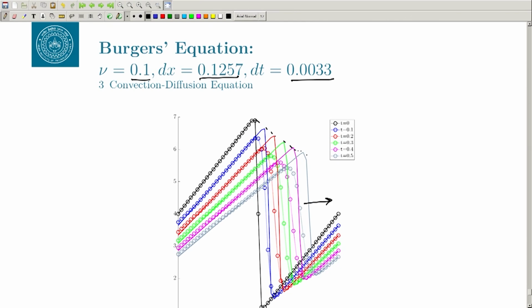But if you compare that with the numerical solution, which is shown in the circles, you can see that for the first time, t equal to 0.1, your analytical solution is the line here, and your numerical solution, towards the discontinuity, is very different. This is the line that you are getting, and as you go ahead in time there is a lot of diffusion here.